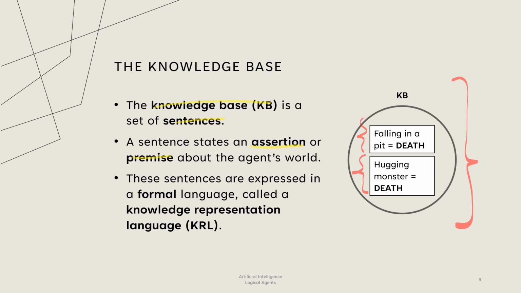So we're going to use a formal language called a knowledge representation language. Nowadays we have things like ChatGPT that can pick up what you're saying if you use some bad English, but these agents are pretty simple, so we need to stick with the formal language.